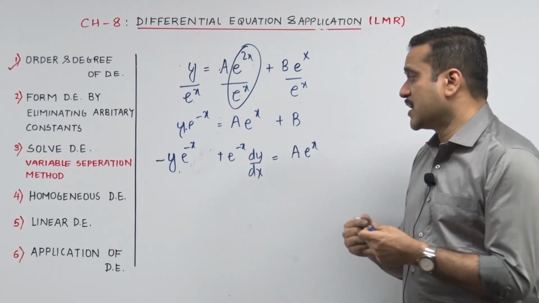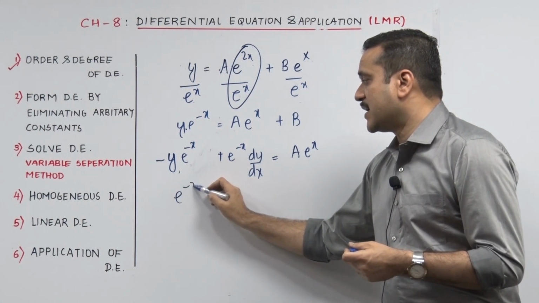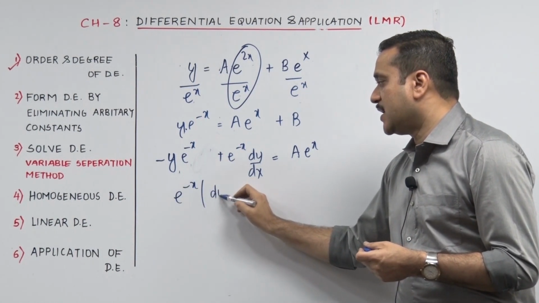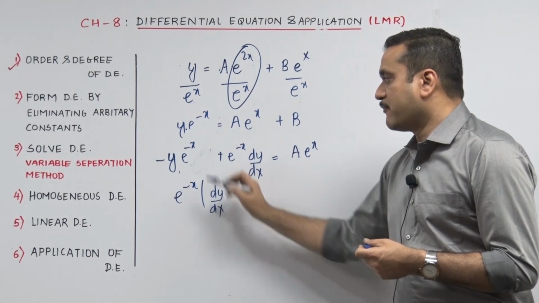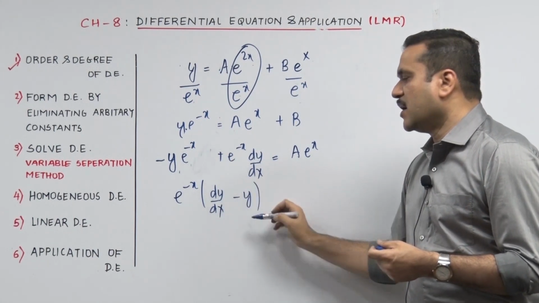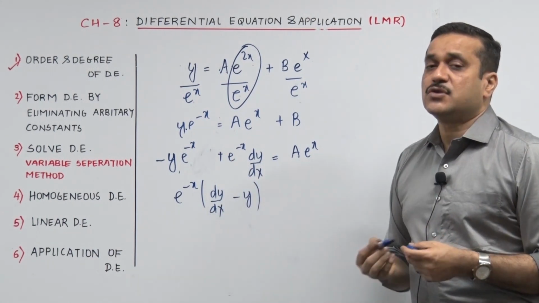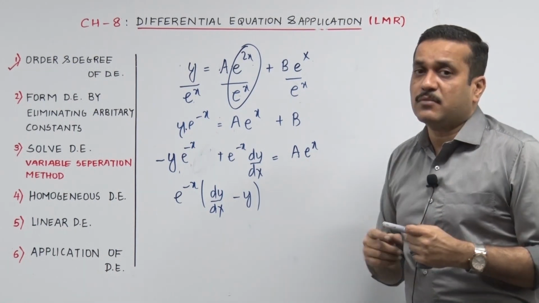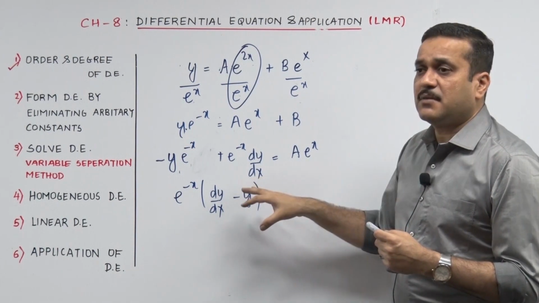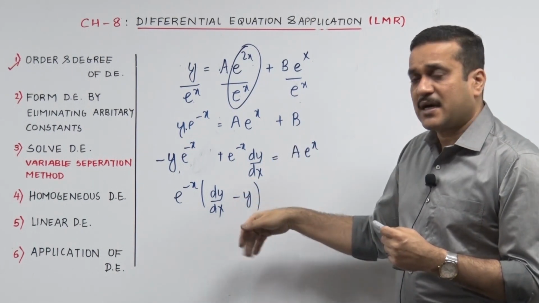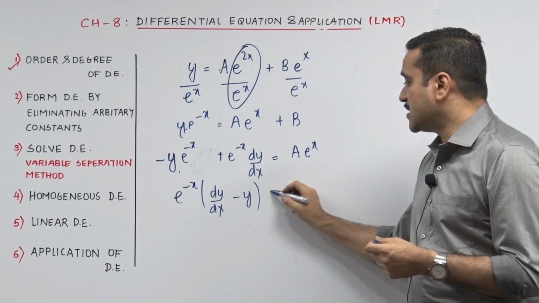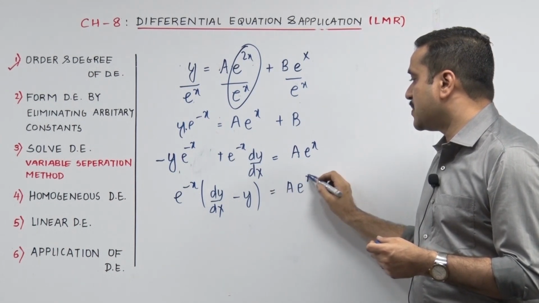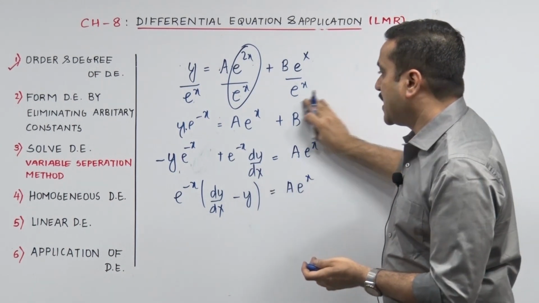If I pull out e raised to minus x common and take in the bracket dy by dx as the first term followed by minus y, these are a few writing tricks which you get into your rhythm by solving more sums. In the bracket, put your plus term first and the minus term after, is equal to a e raised to x. Please check.